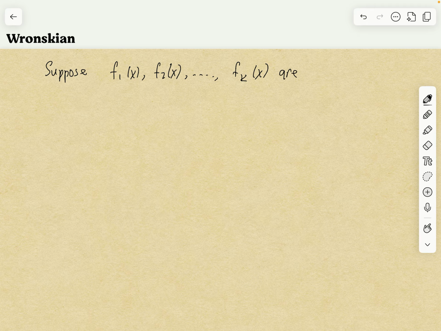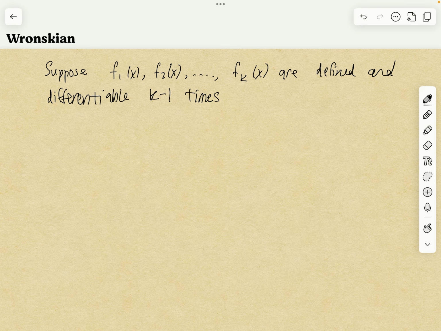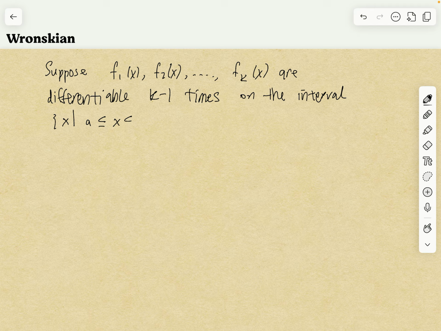x, defined and differentiable k minus 1 times. In order to be differentiable, it needs to be defined. So we can probably just say they are differentiable k minus 1 times on the interval, which is the collection of x satisfying x between a and b.